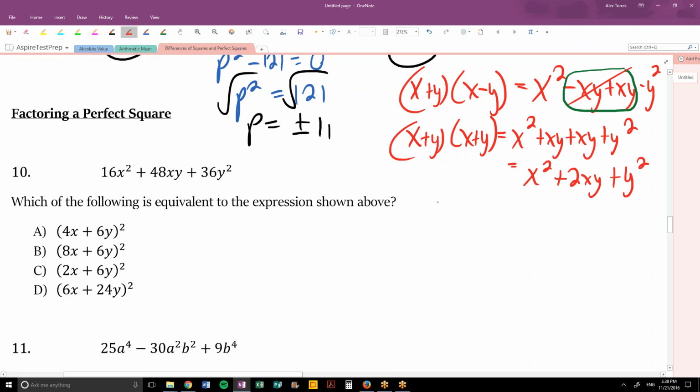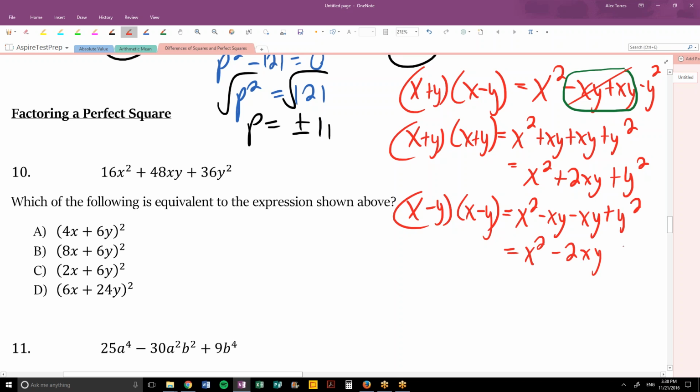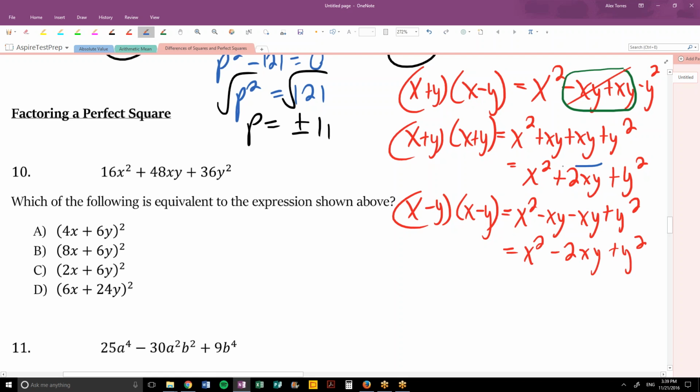If we had, for instance, x minus y times x minus y, first times first, outer times outer, inner times inner, last times last, and you get x squared minus 2xy plus y squared. So when you have a perfect square, you're going to have some doubling in the middle term of the trinomial. Plus 2xy for the first one and minus 2xy for the next one.